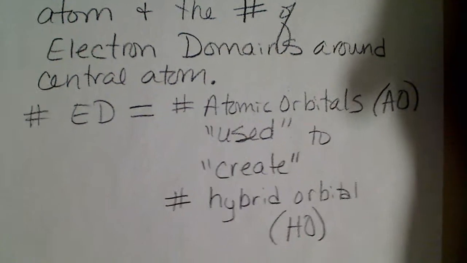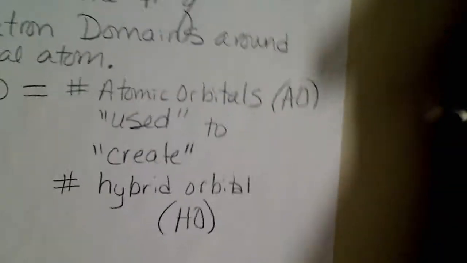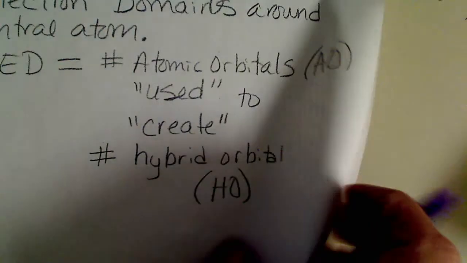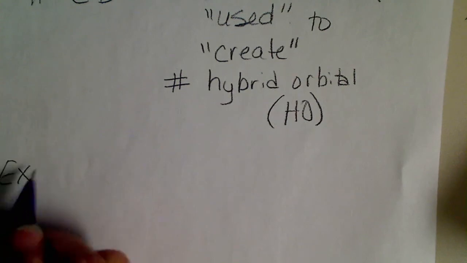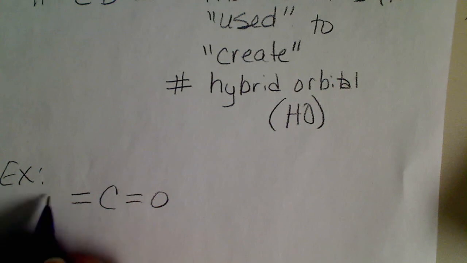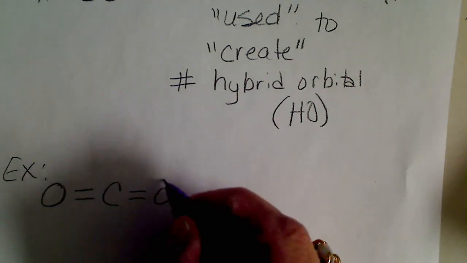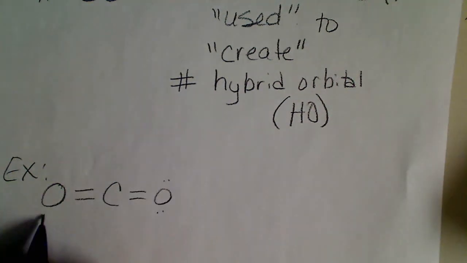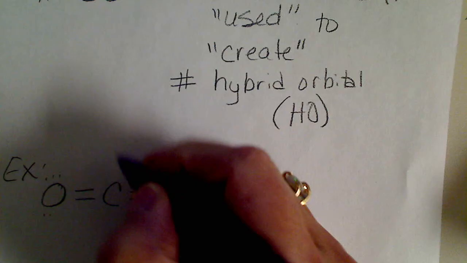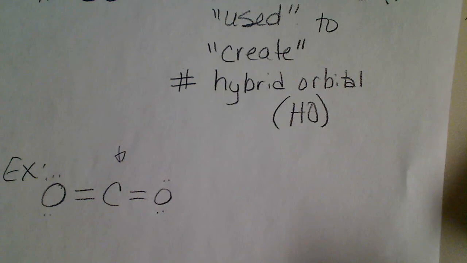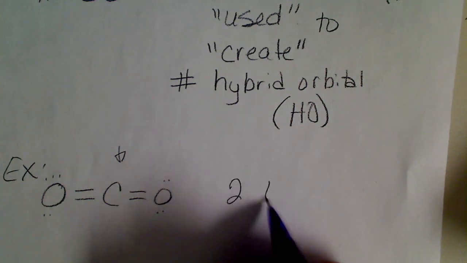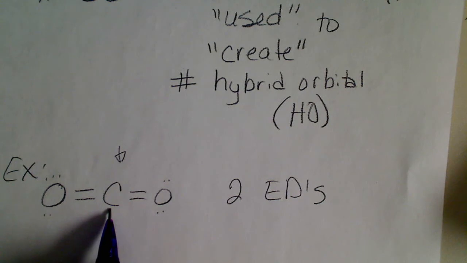So if I look at CO2 as an example, the dot structure for CO2, we end up with 2 double bonds around the carbon, and we don't really care about the outer atoms' lone pairs. We're going to focus on the central atom. So there are 2 electron domains around this carbon.